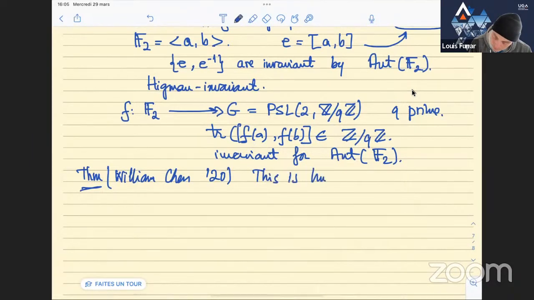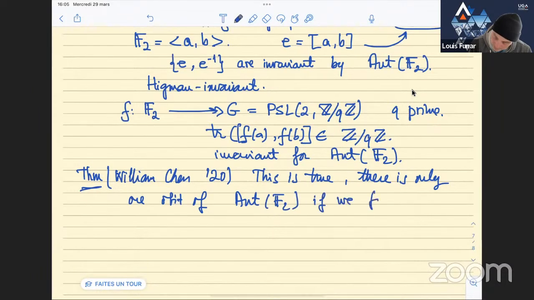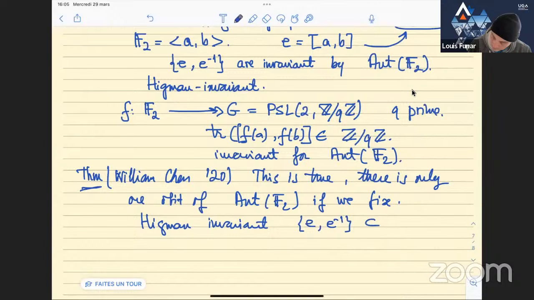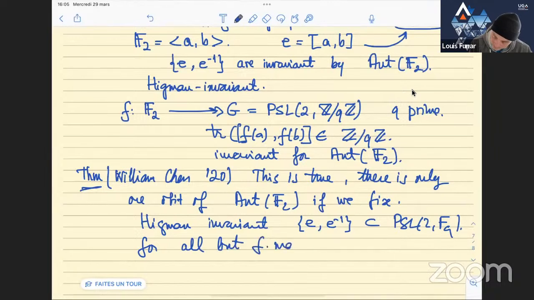There is only one orbit of Out F2 if we fix the Higman invariant inside the conjugacy classes of PSL2, for all but finitely many primes Q.